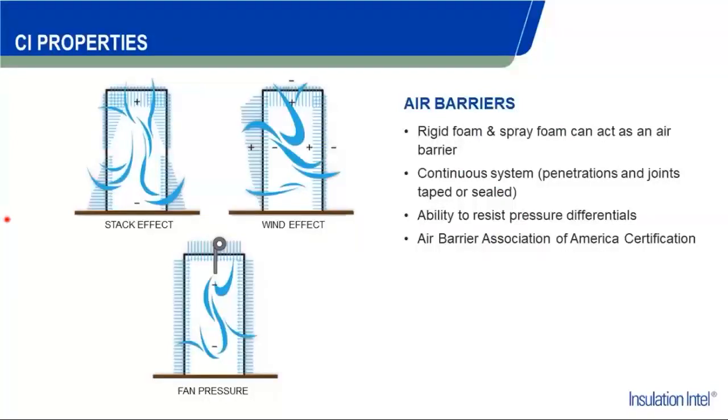Due to air infiltration, exfiltration, depending on what you're introducing, whether it be stack effect, wind effect, or a fan pressure, these scenarios have the capability of carrying a significant amount of heat and moisture into the wall system. And this will result in, again, the potential for structural damage and reduced thermal performance.